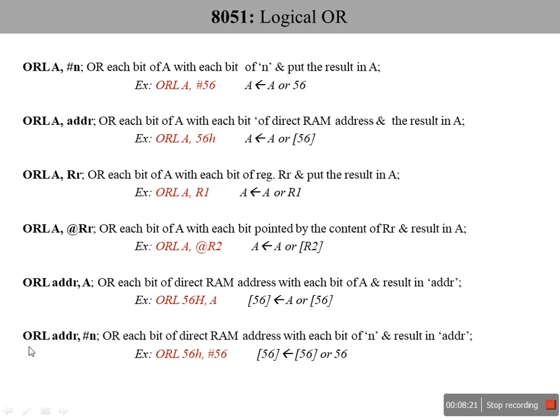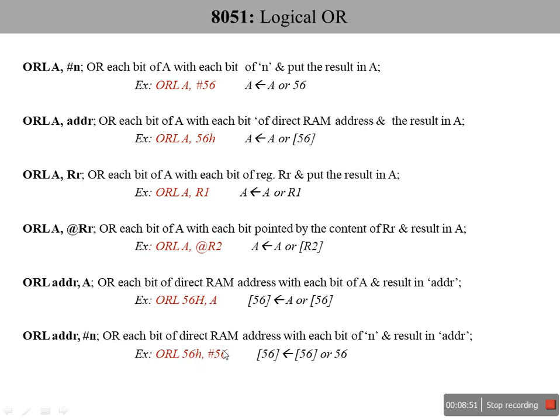It is possible to have an immediate OR operation with the memory location directly, like ORL address comma #n. This #n is an immediate number with respect to this instruction. For example, ORL 56H comma #56. Here, this 56 is data immediately available to this instruction, whereas this 56H is the address of the operand with which the operation needs to be done.